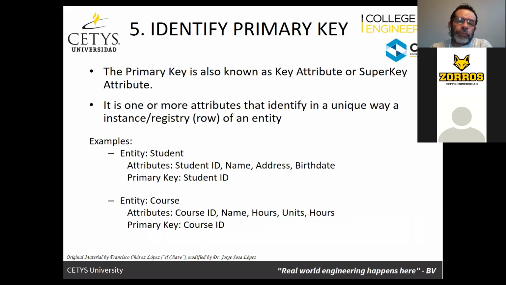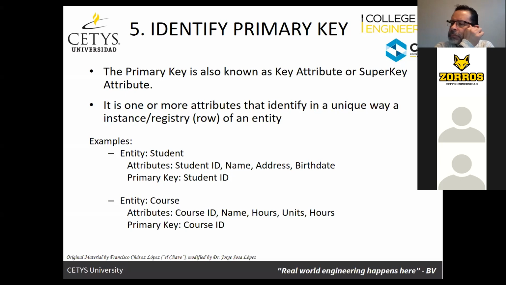So for example, in your case, what would be the primary key for you as students? Well, it would be your student ID. Can somebody tell me why your names would not be an appropriate primary key? I'm going to say something even more: why would your birth date not be an appropriate primary key? Because there are other students that have the same birthday.